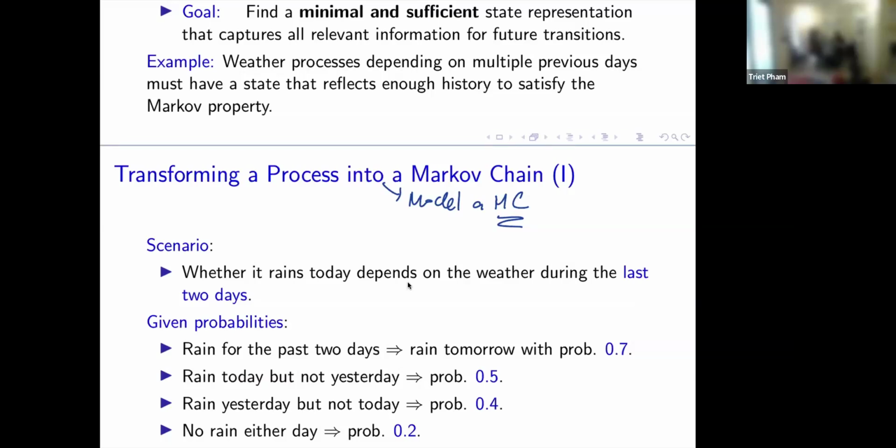Because the most recent information would be only yesterday, correct? While here you say it depends on the day before as well. How can you say that it depends on the most recent history? Is that a reasonable question? How will you answer that?